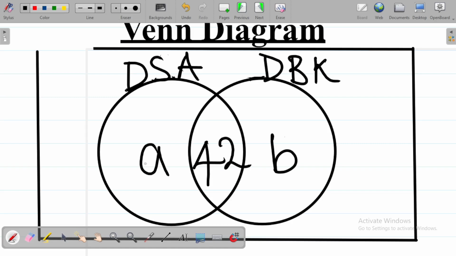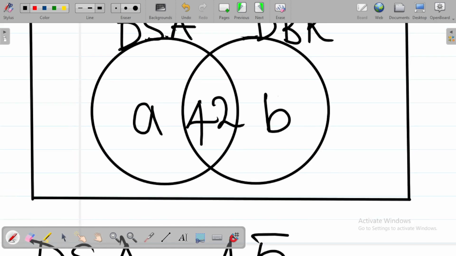So how do we get the value of A and the value of B? Let's call here Z.